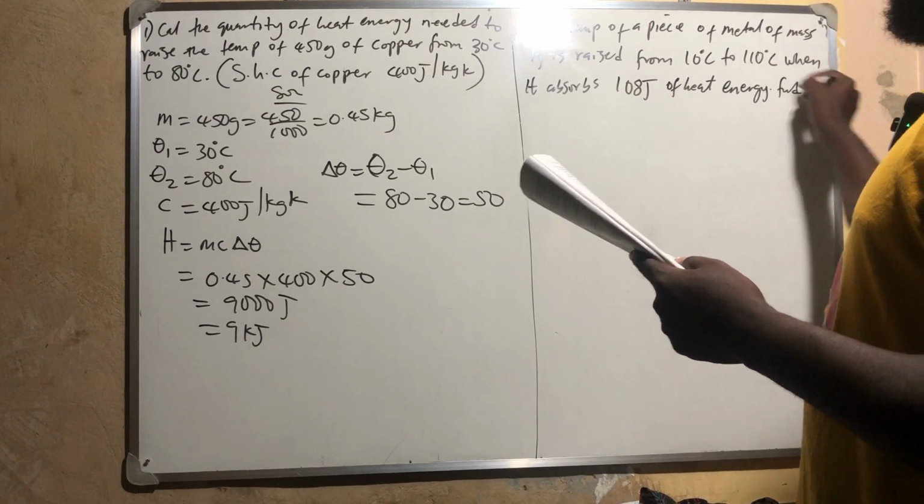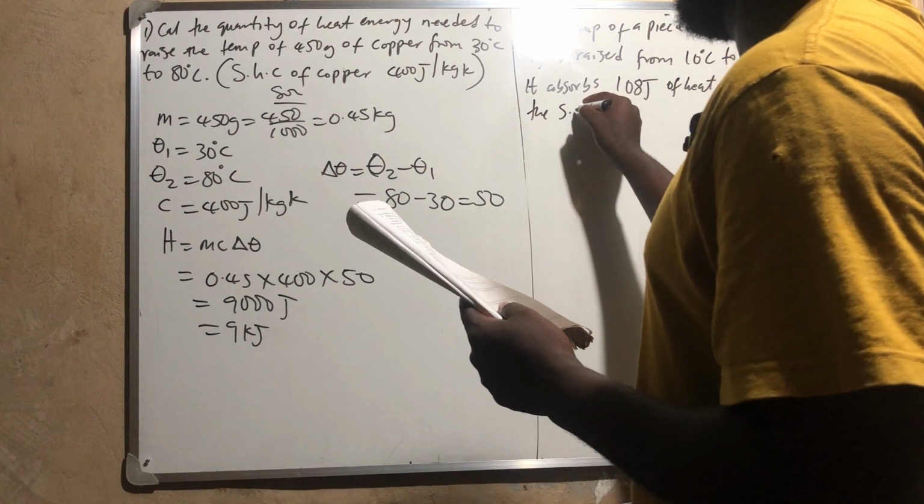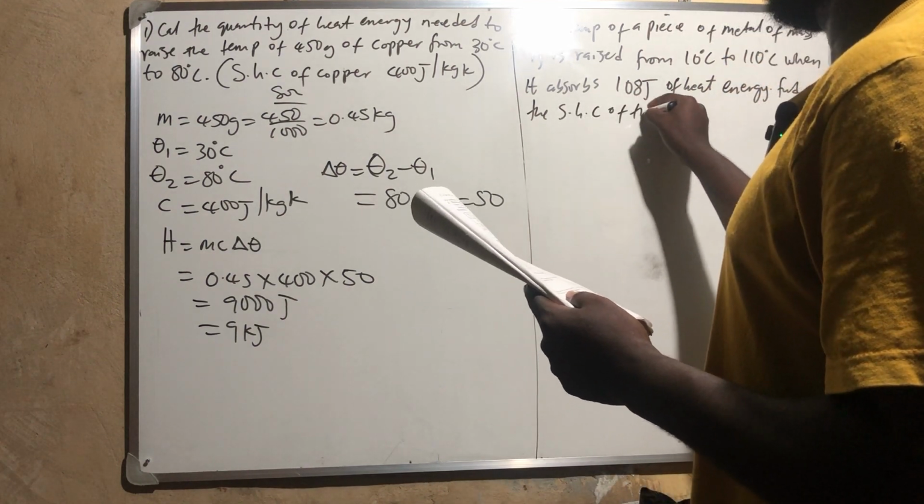Then it says find the specific heat capacity of the metal.